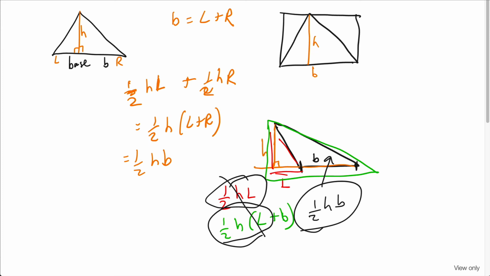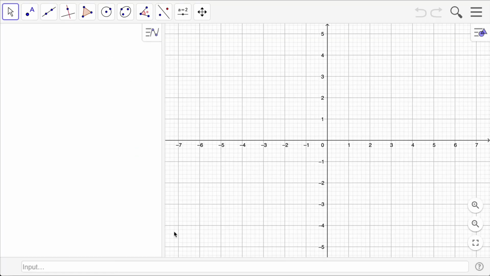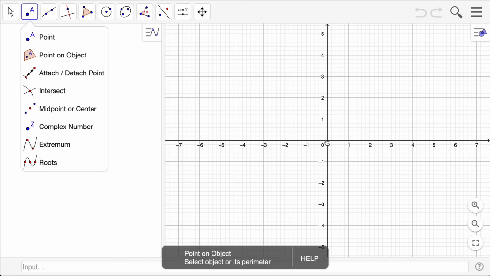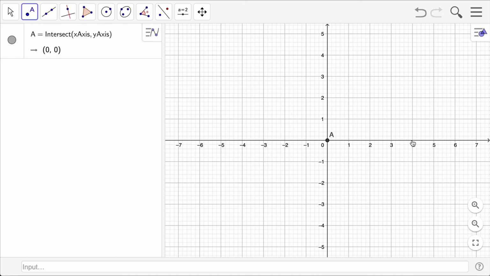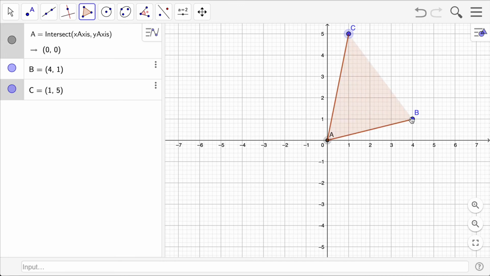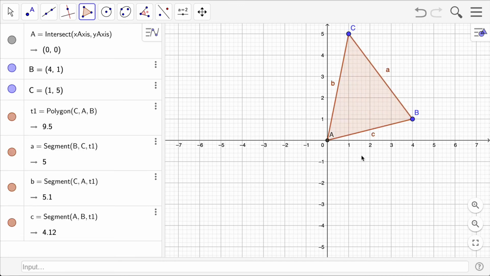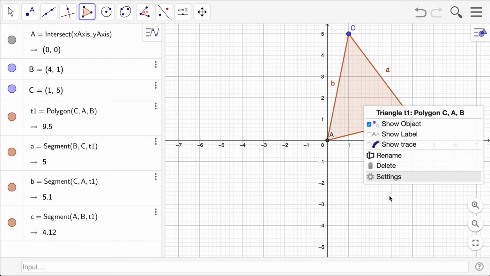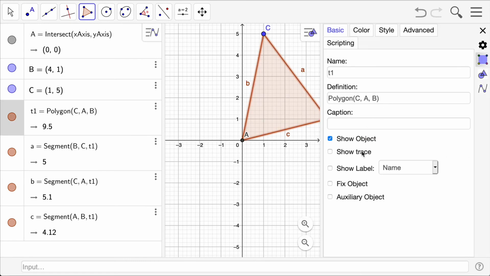All right. So let's see how we could explore this in GeoGebra. So let me put on some points here. I'll just make it a couple of free flowing points like this. All right, here's my triangle. Let me show the area.